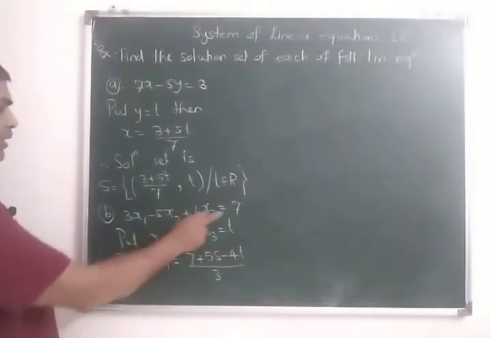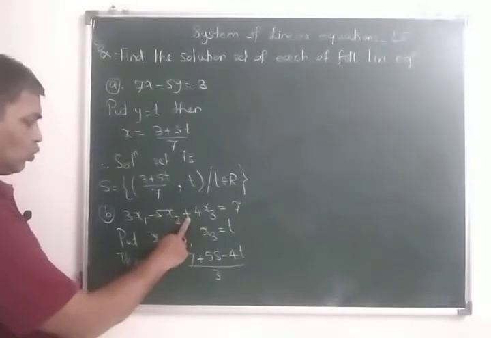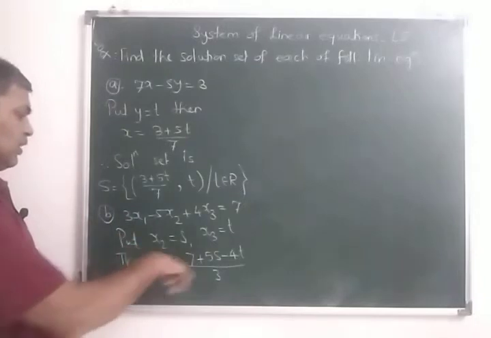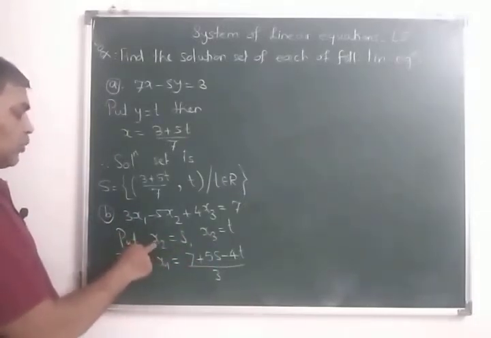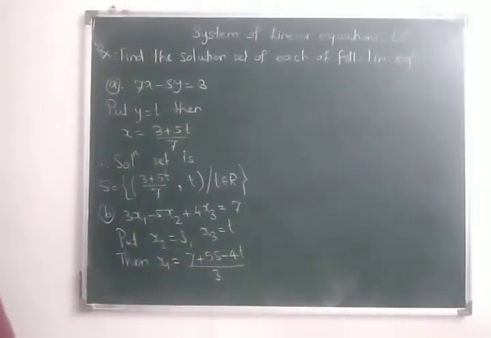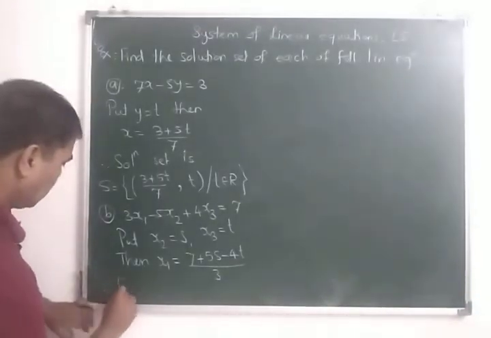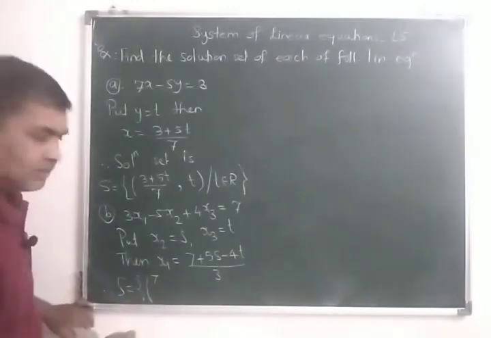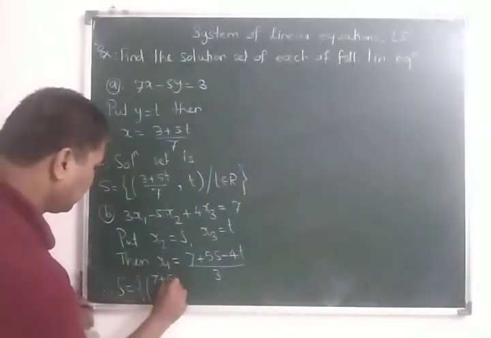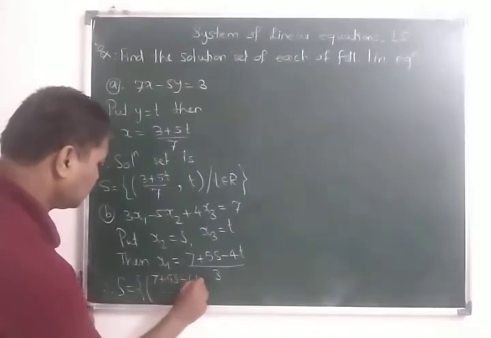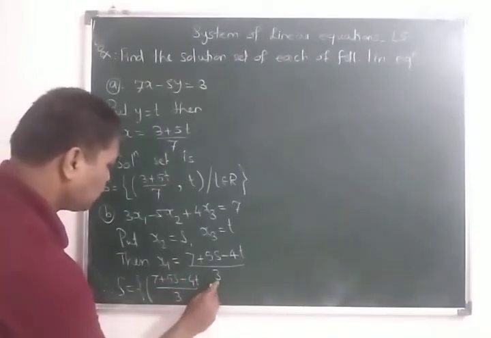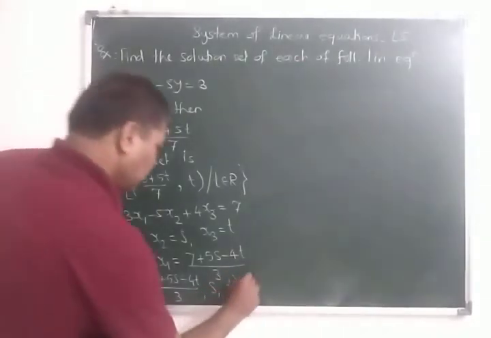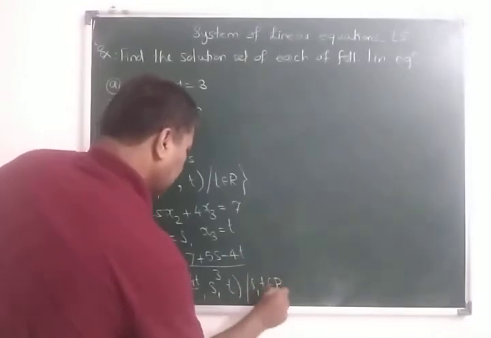Okay, so 3x1 is 7 plus 5x2 minus 4x3. Taking 3 on that side and assigning values for x2 and x3, we get this x1, and therefore your solution set. What is the solution set? x1 is (7 plus 5s minus 4t) by 3, x2 is s and x3 is t, where s and t are real numbers.